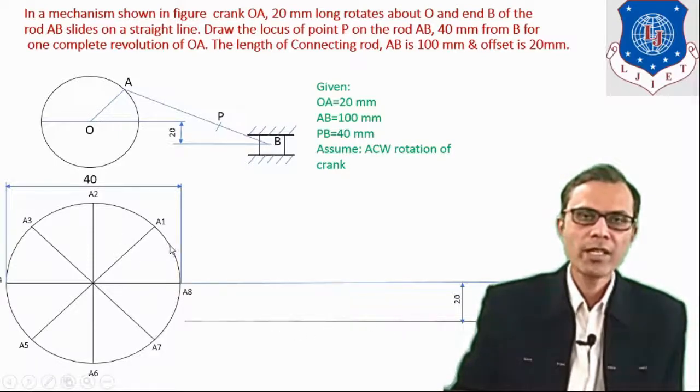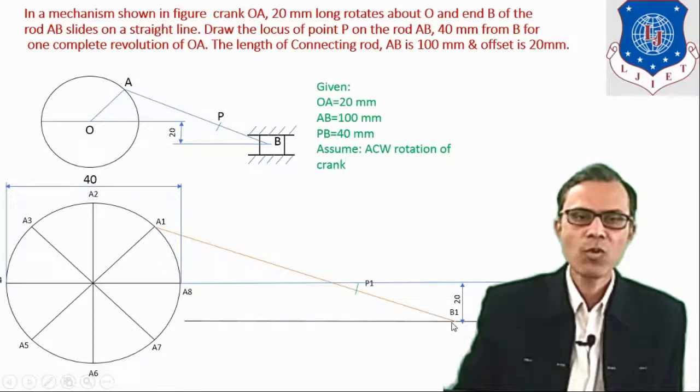So keep A1 as the center, compass size equal to length of the connecting rod, that is 100 mm, and draw an arc on this locus line. So this is the intersecting point B1, and the distance of given point P from B is 40 mm. So from this we have to mark at a distance of 40 mm the point P1.